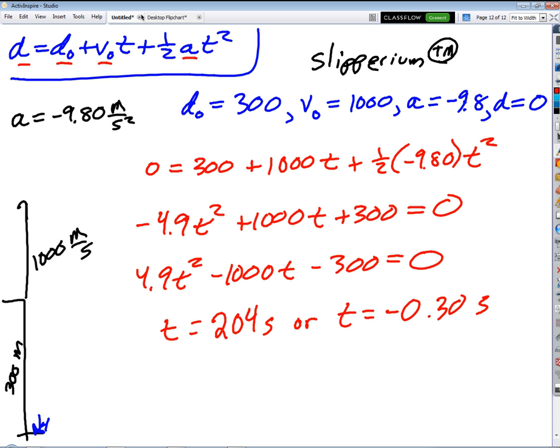What we asked was this: when the position is 300, when we're going to call that our initial position, that's when we're starting our stopwatch, the velocity is positive 1,000 and the acceleration is negative 9.8. We want to know how much time it takes to get from that event to the event where position is 0. Okay?